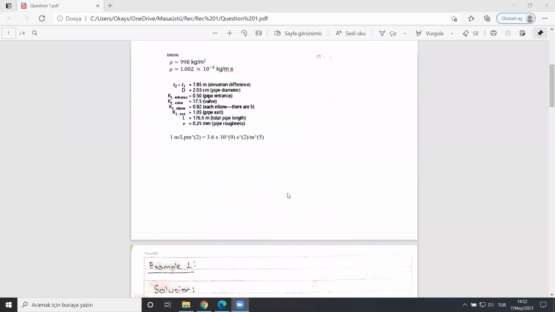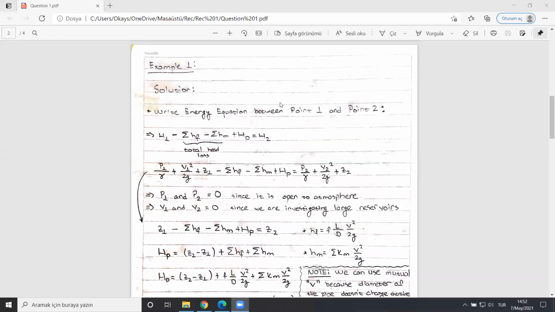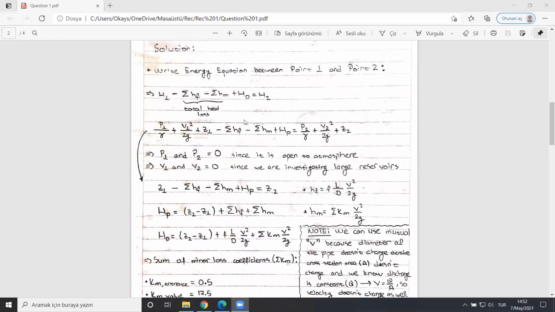We know these are large reservoirs, and you can see they are open to the atmosphere. So we can say, it's a fact actually, that the pressure heads at points 1 and 2 are 0. Also, their velocity heads are 0. So what are we left with?